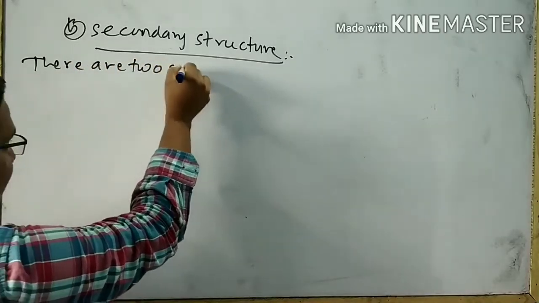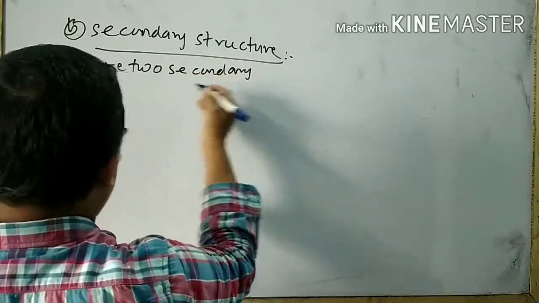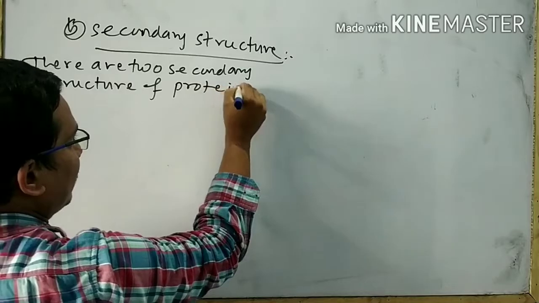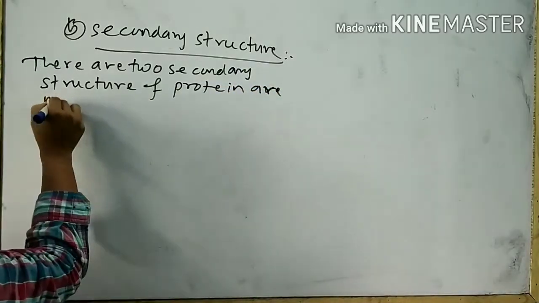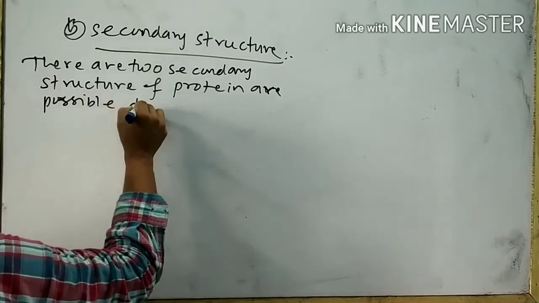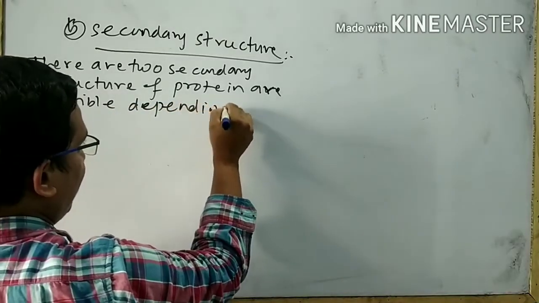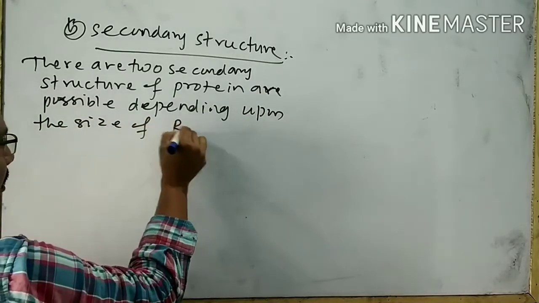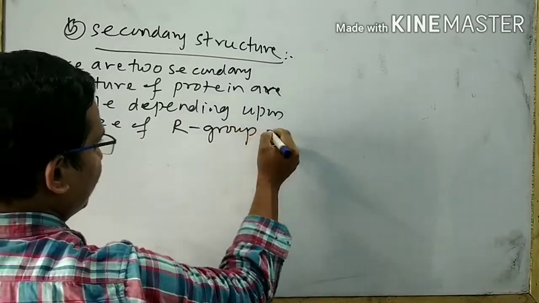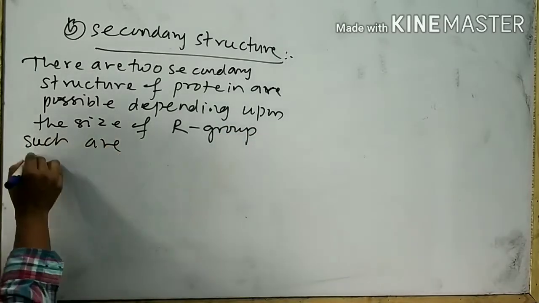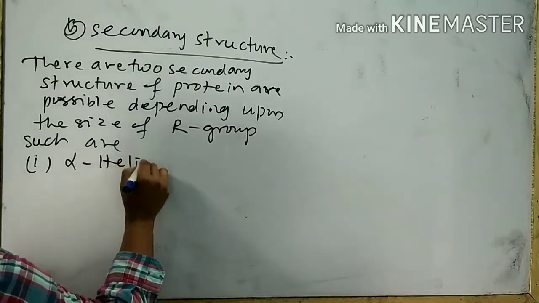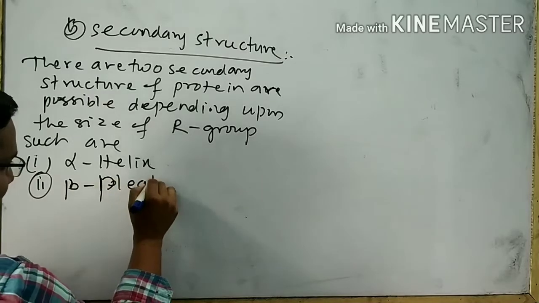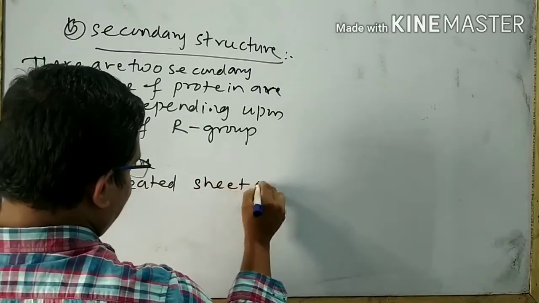Two secondary structures of protein are possible depending upon the size of the R group: number 1 is the alpha helix, number 2 is the beta pleated sheet structure.